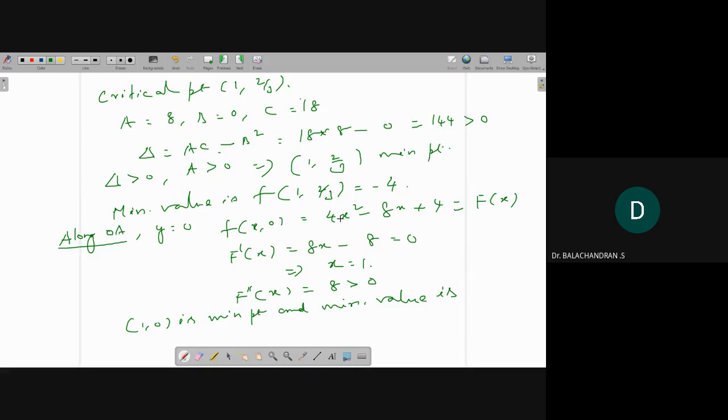You will get 1 minus 8 plus 4... so the minimum value is 0.